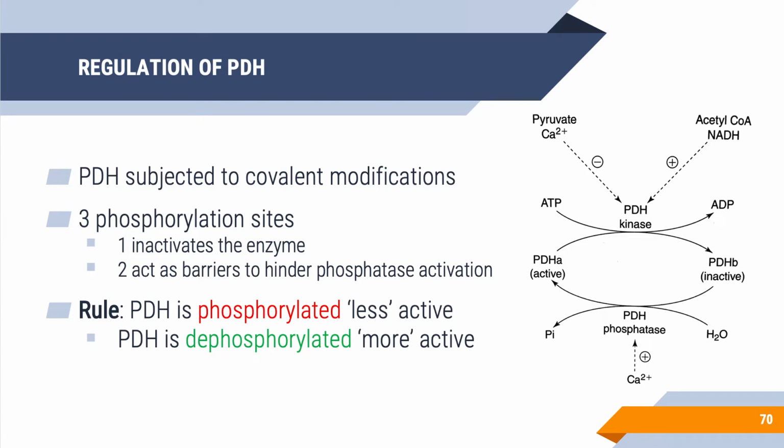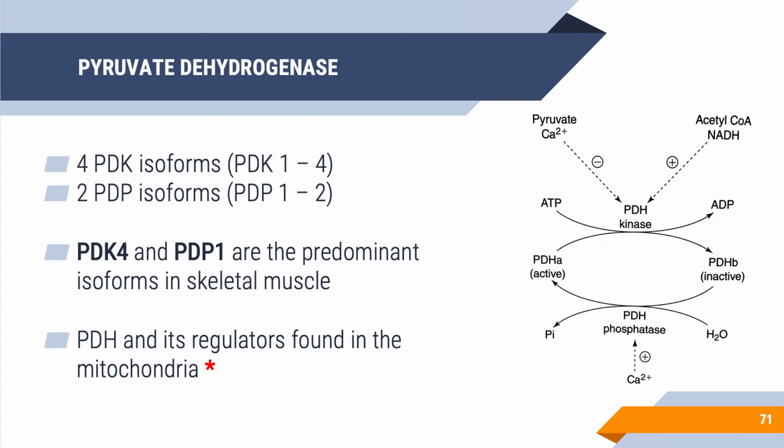This occurs through something called pyruvate dehydrogenase phosphatase. So there are 4 pyruvate dehydrogenase kinase isoforms, PDKs 1 through 4, and there are 2 pyruvate dehydrogenase phosphatase isoforms, PDP 1 and 2.